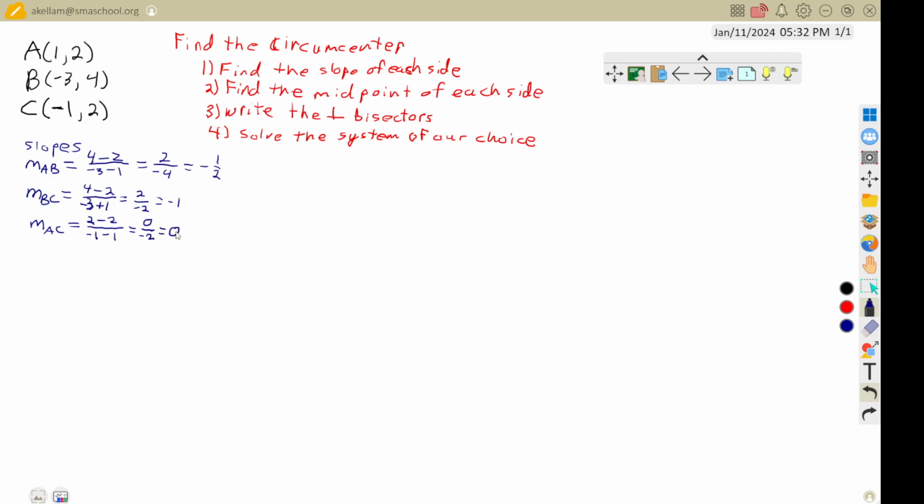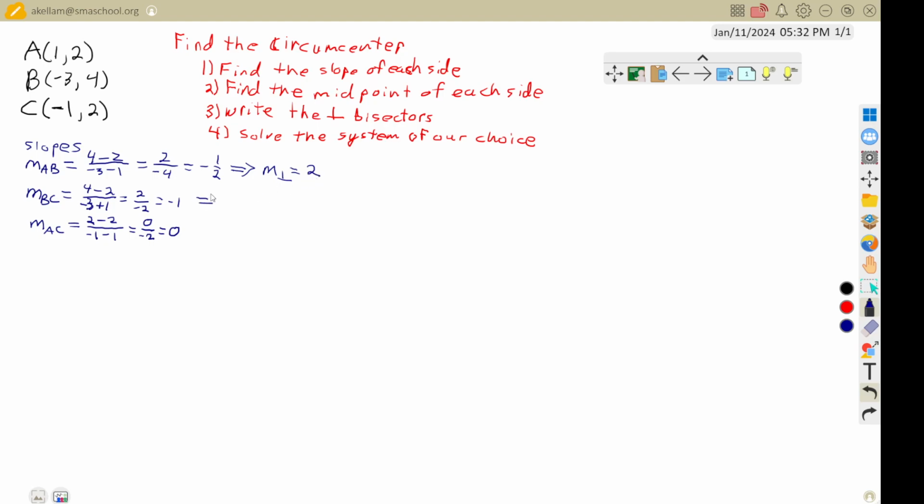In this circumstance, since what we want to use this for is to write the perpendicular bisector equation, I need to take the opposite reciprocal of each of these slopes. So the opposite reciprocal of -1/2 is positive 2.